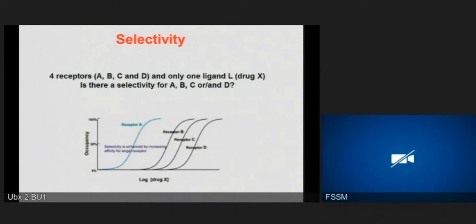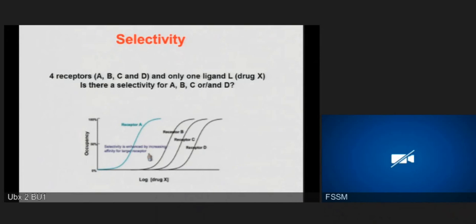It's not because it is written on the paper that your compound is selective that you are using it at a selective concentration. Be careful. So, we can have here a selectivity toward A in a specific range of concentration.